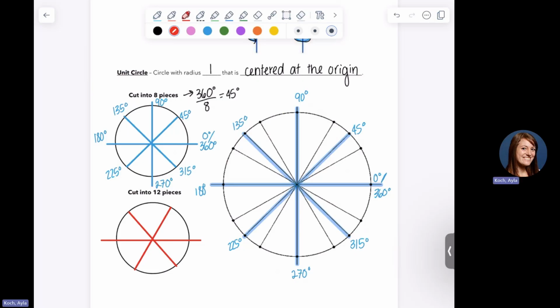So now I have 6 pieces. In order to make them into 12, I just need to cut each of them in half. This one is really just straight down the middle.